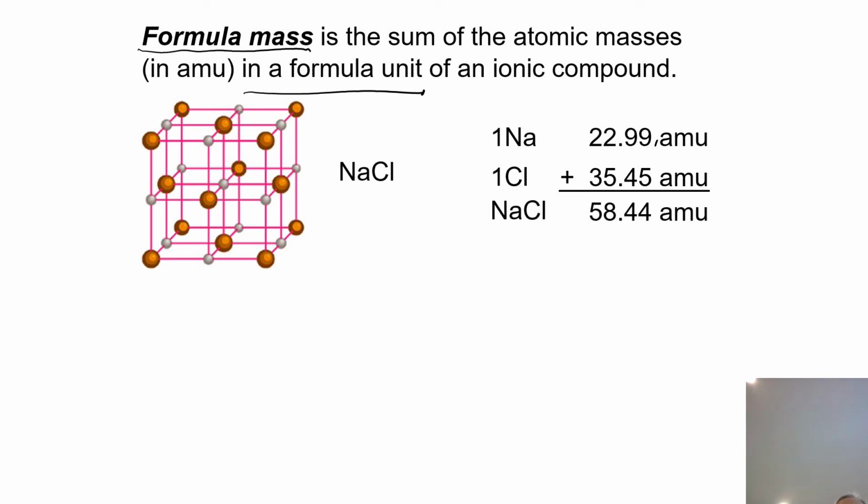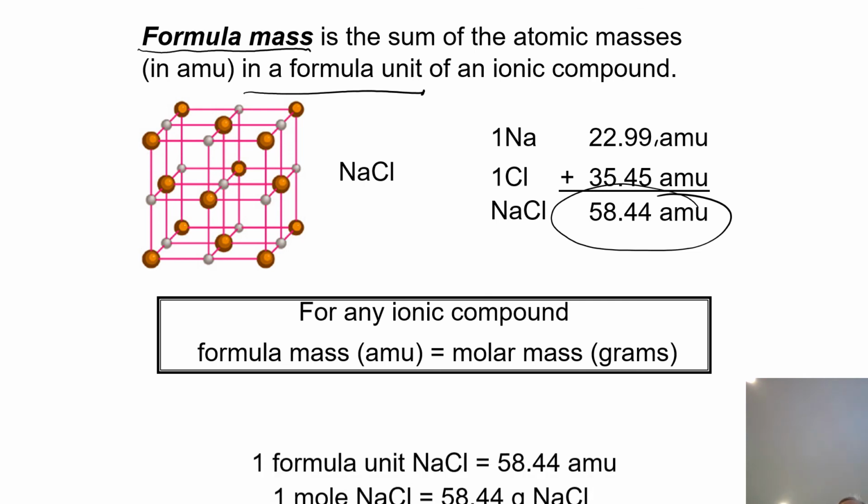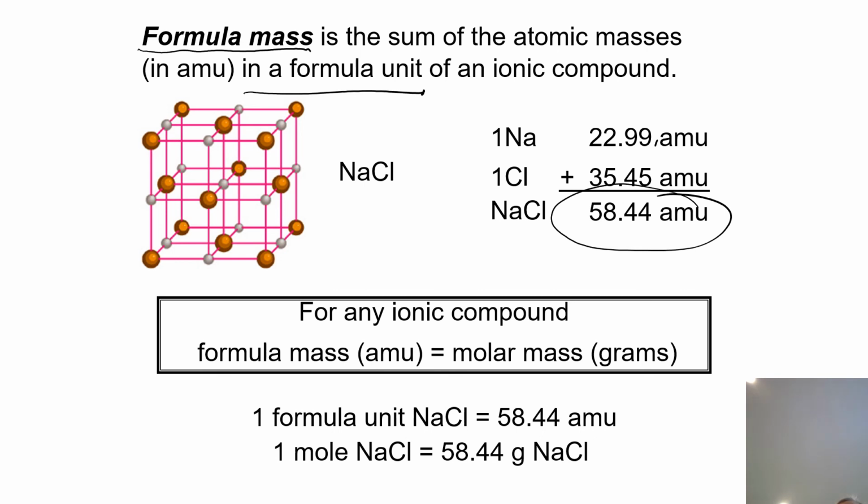So one formula unit of sodium chloride has a formula mass of 58.44 AMUs, and 1 mole of sodium chloride has a molar mass of 58.44 grams. Okay? And so that ends our discussion of the masses, and we will move on.